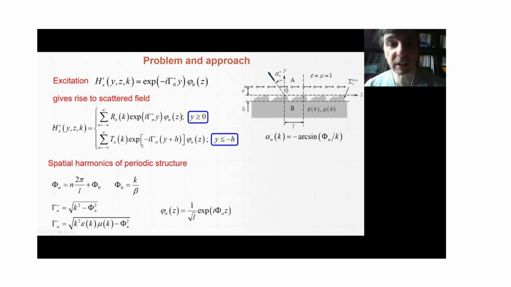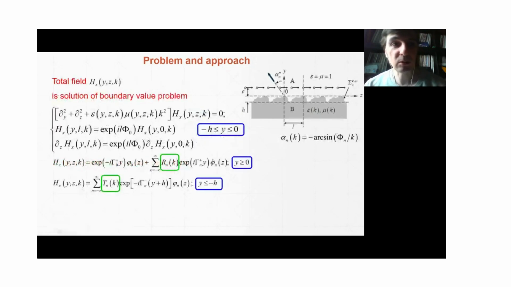R and T here are complex reflection and transmission amplitudes, and the scattered field is expanded in terms of space harmonics of the structure, where gamma and phi are horizontal and vertical propagation numbers. So to obtain the total field, we solve the wave equation with regard to the Hx component of the field, which has periodicity conditions, because it's periodic in that direction.